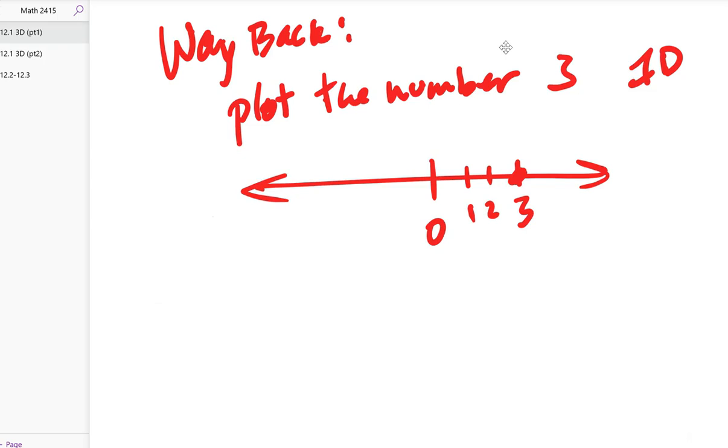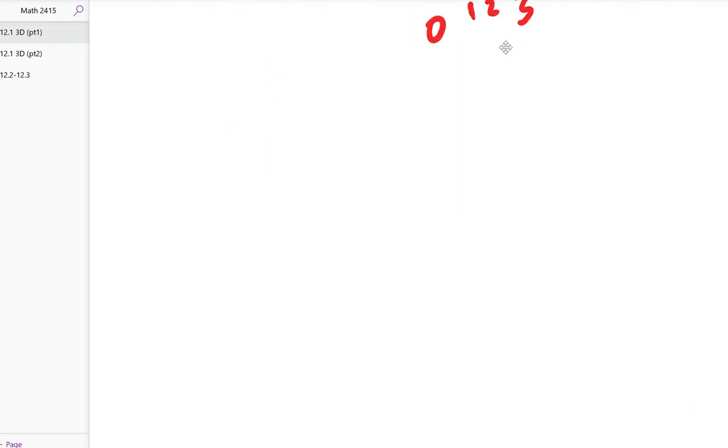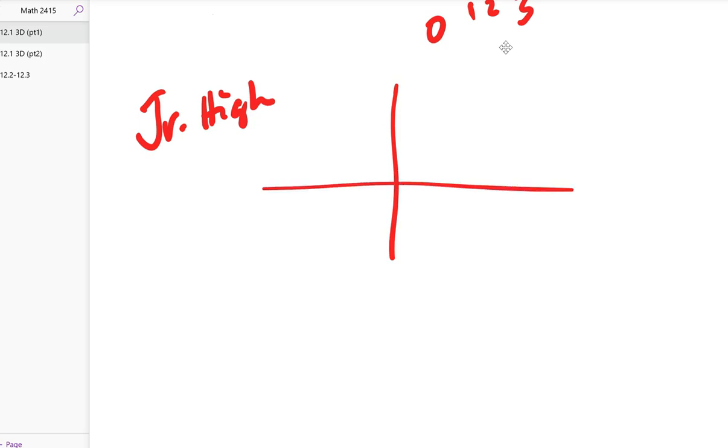Then further down the line, you dealt with 2 dimensions. So this was maybe junior high, or maybe elementary school. I don't know, it's been so long. So now, if they say plot 3, it's there, because now you have a y-axis, x-axis.